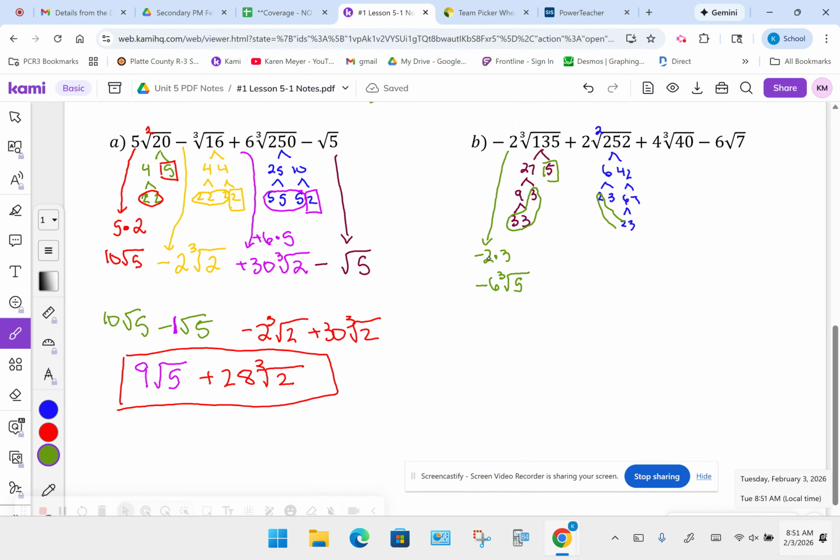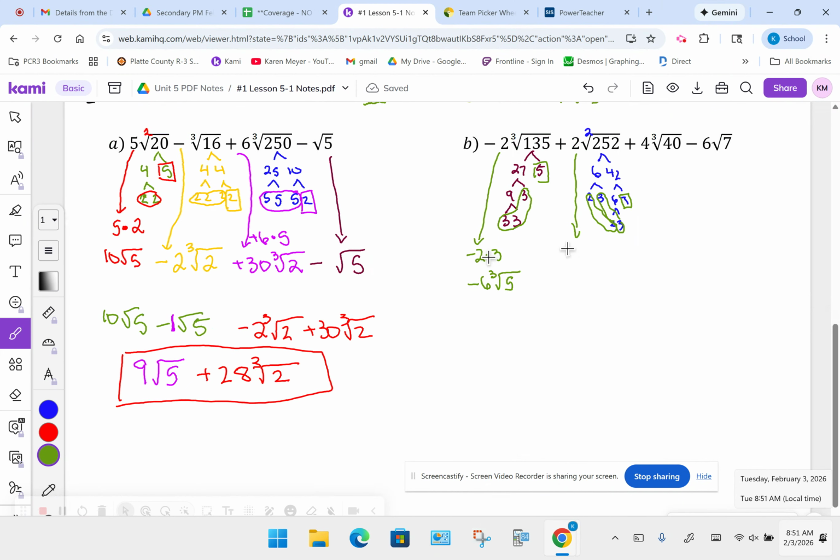So I have 2 2s, and I have 2 3s, and a leftover 7. So I'm going to bring down my 2, so plus 2. And then I'm going to multiply that by a 2 and a 3, which gives me plus 12 square root of single number, which is 7.